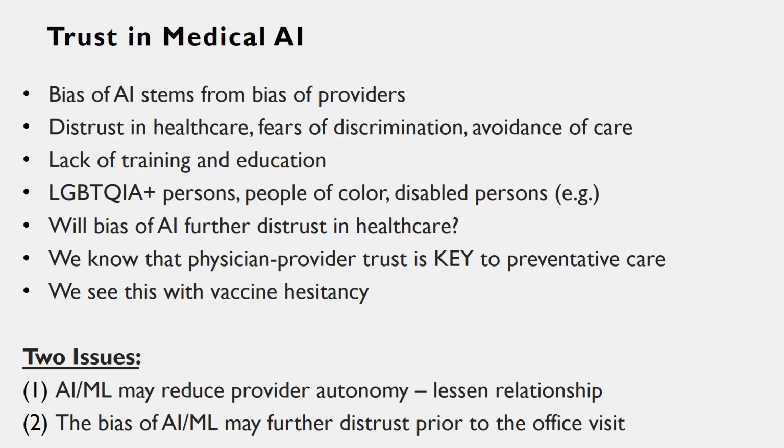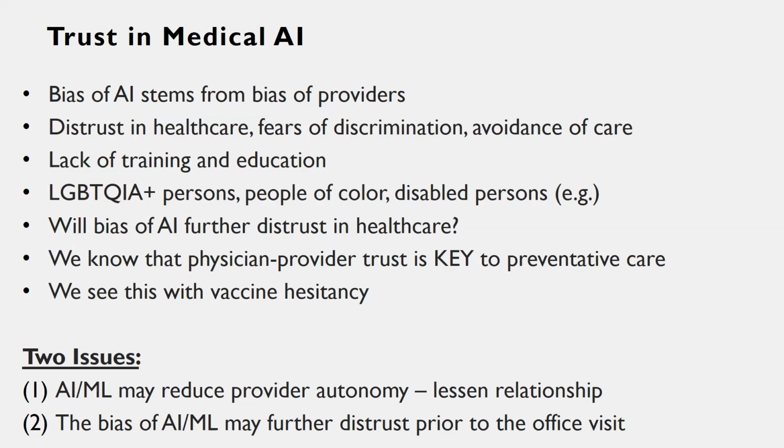So we think about AI and we think, oh, this is going to increase trust and it's going to ease the workflow and lessen the burden. For whom? We always have to ask for whom. Because I think that when we're able-bodied or we don't think about more minoritized populations, we might say, oh yeah, I checked in, it was super easy, went fast. What if those questions omit or neglect your personal identity?